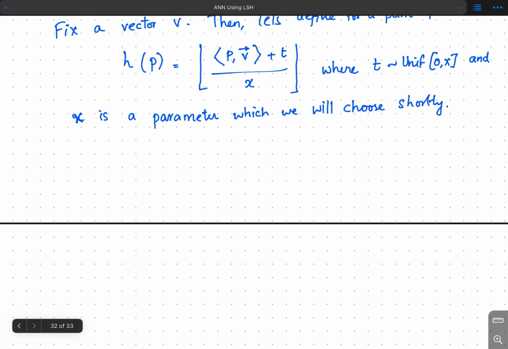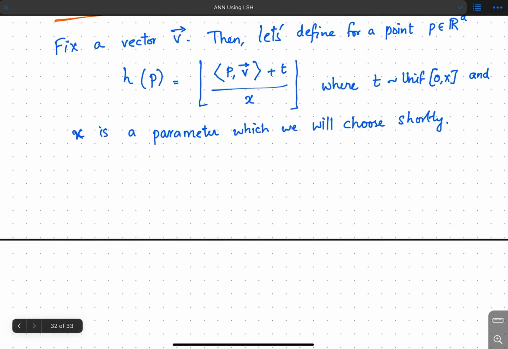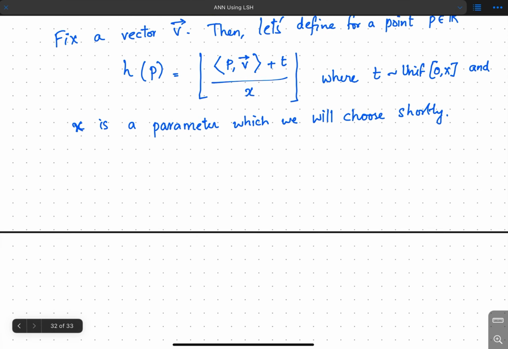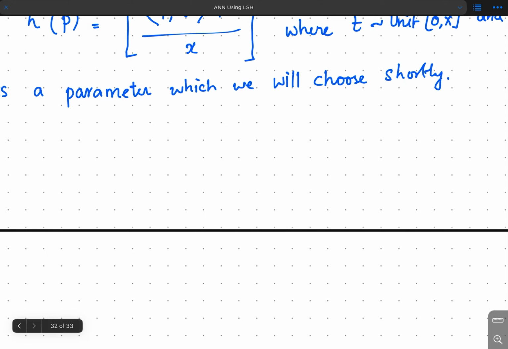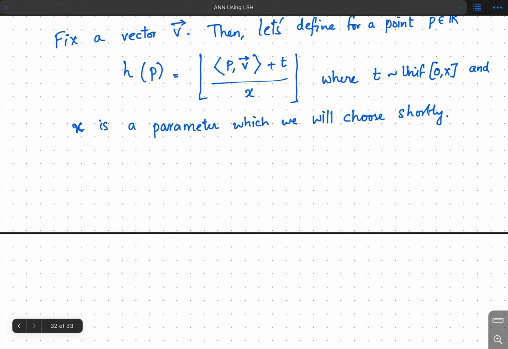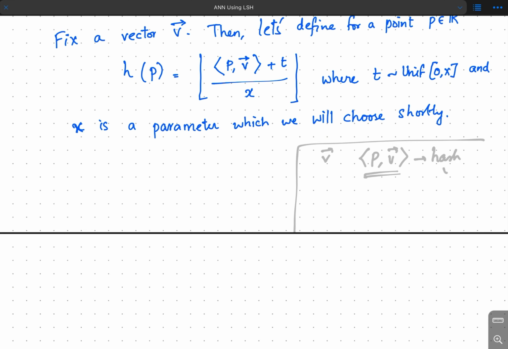Okay, so why are we doing this? Ideally, the naive way to come up with a hash function is the following. We are given a vector v bar, and for a given vector p, we just compute the dot product between p and v bar, and let's say we call that our hash value of p.